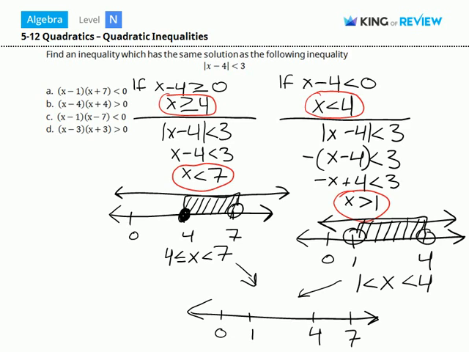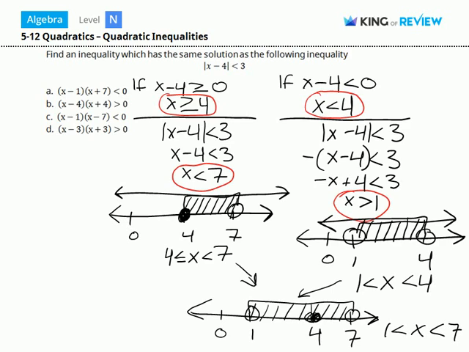So we have an open circle at 1, a closed circle at 4 and an open circle at 7. So it includes everything in this region here. And this can be represented as 1 is less than x and x is less than 7.